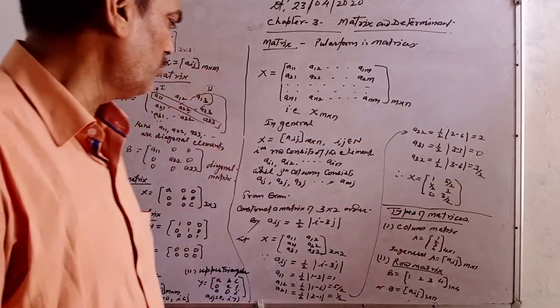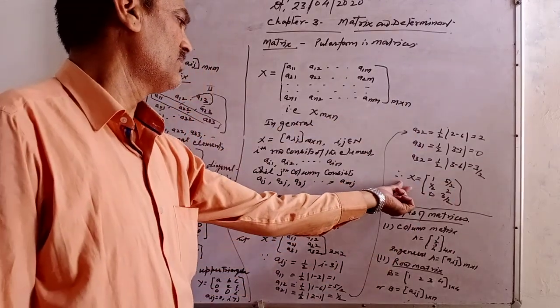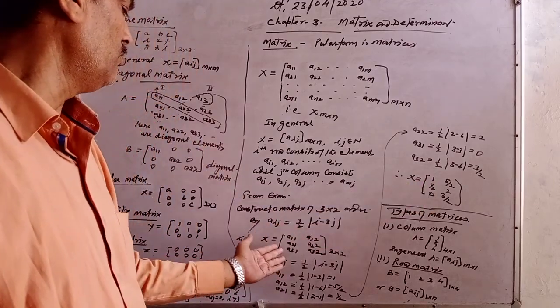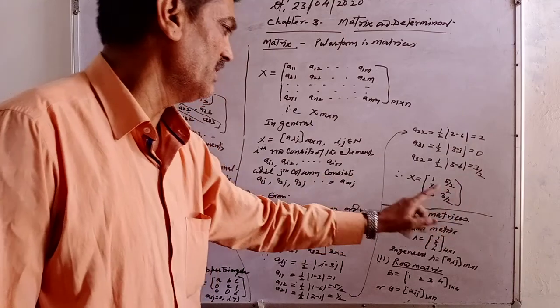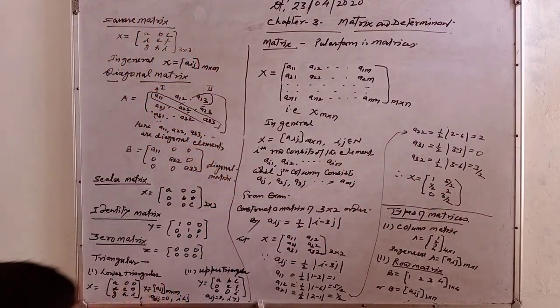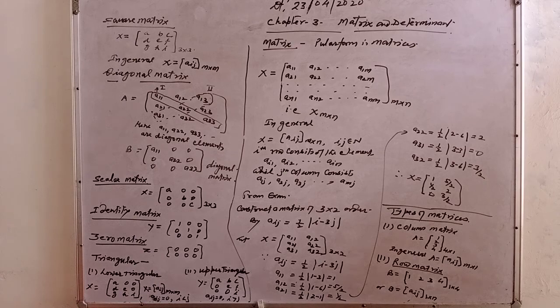These are the values, means the X matrix is written here in 3 rows and 2 columns. So a matrix is simply the arrangement of elements, numbers or functions in rows and columns. It is a rectangular array, you can say.